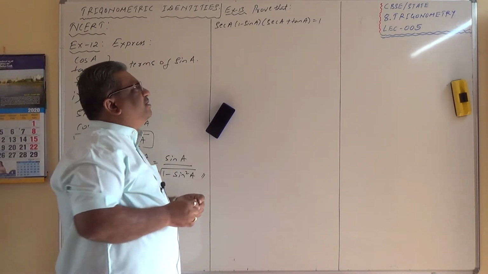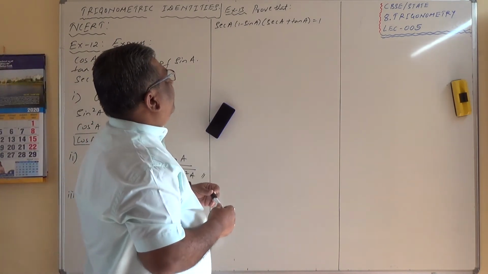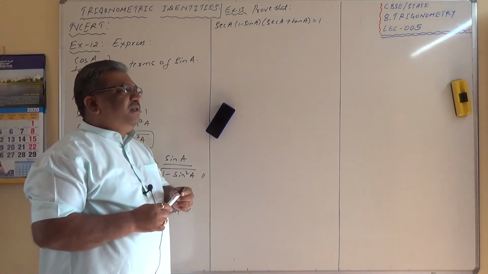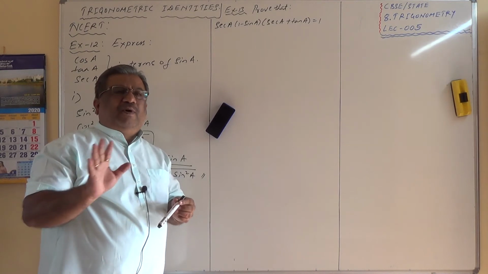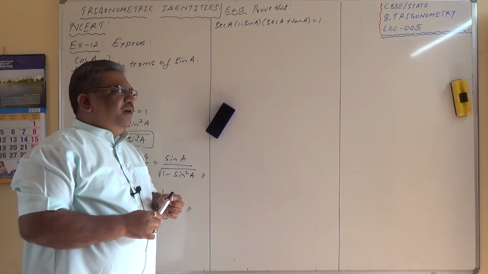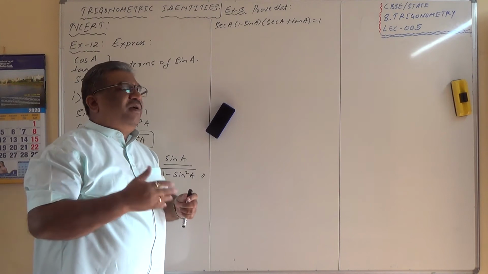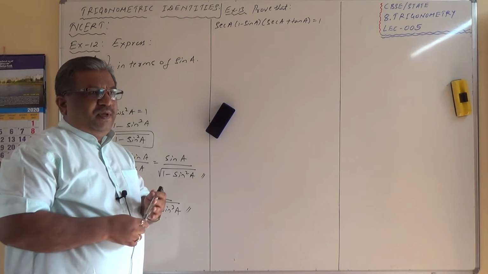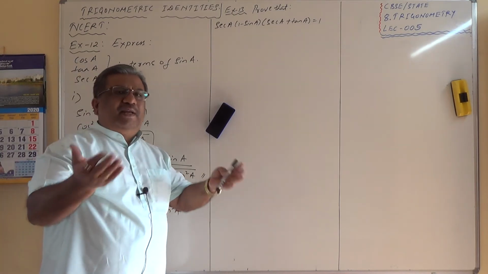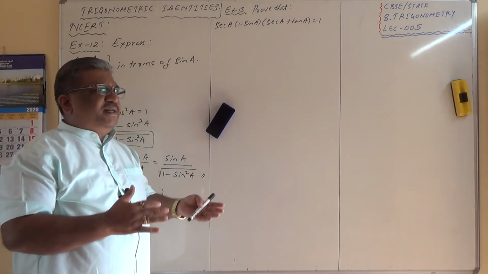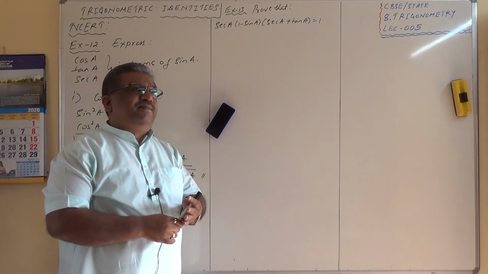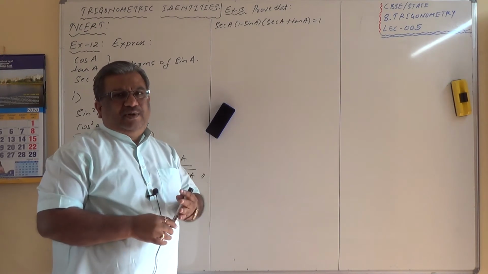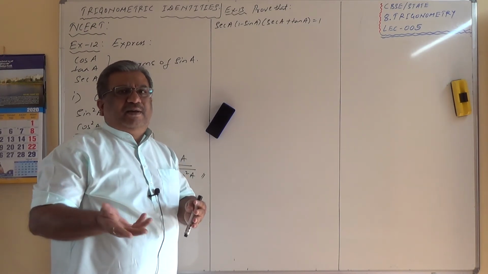Now important thing is especially how to approach these numericals. The simplest way to approach all the numericals is to convert majority of the ratios into sine cos ratios. Meaning, in terms of expressing the given equations, left hand side or the right hand side of the equation, in terms of the simple t ratios, sine cos ratios, in terms of sine theta or cos theta, sine A, cos A and all.